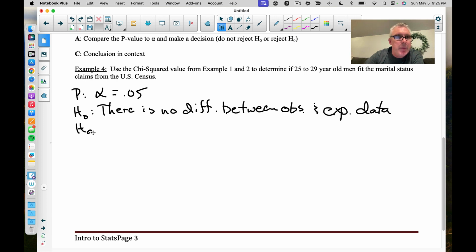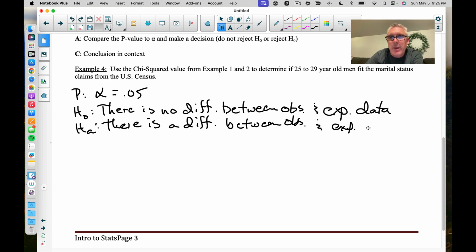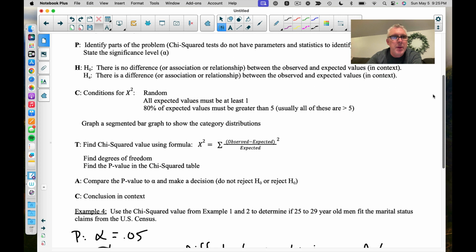The alternative hypothesis is, guess what? There is a difference between observed and expected. Sorry, this is sloppy. Okay, so that is the H. Boom, hypotheses done.